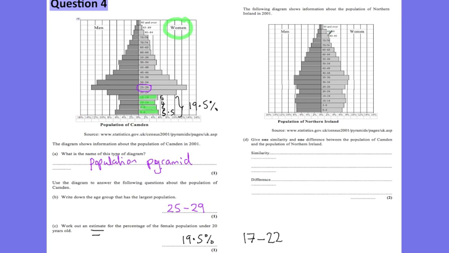And it's the same here in Northern Ireland. So the first similarity that we will notice is that women live longer than men. They have a higher percentage of the population here for women compared to men, and that's the same in Camden and Northern Ireland.